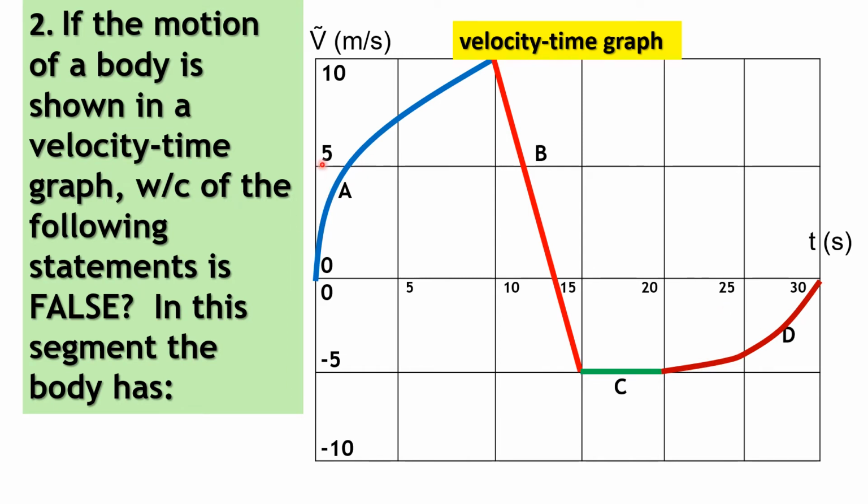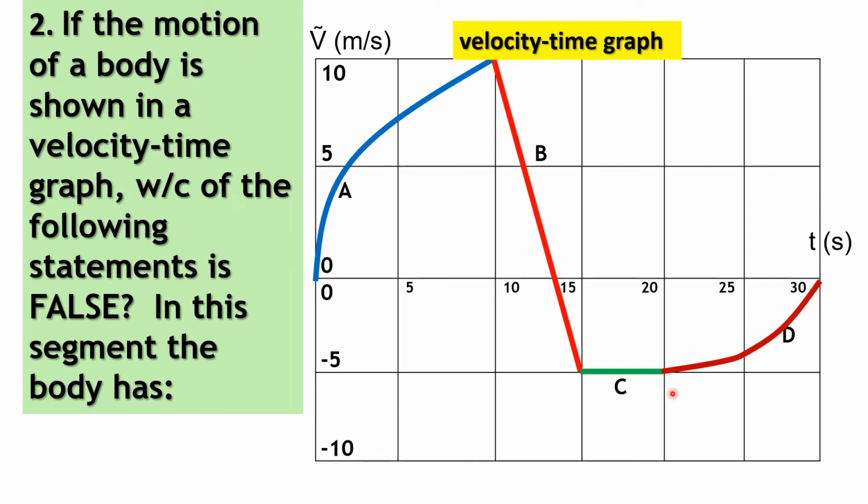Earlier here, segment A, okay, we talked about decreasing magnitude of acceleration. But in here, segment D, we have the opposite. Okay, we have the opposite. That means the magnitude of the acceleration from 20 seconds to 30 seconds is increasing in magnitude.